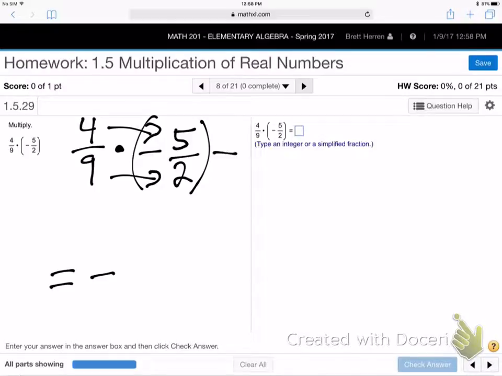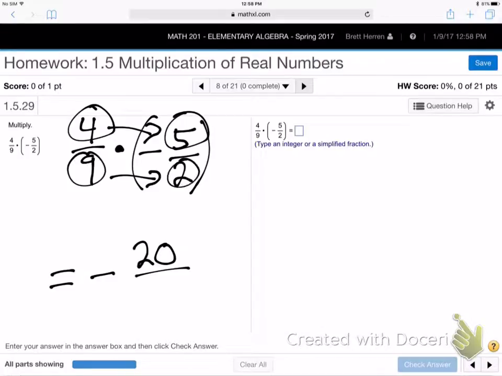So if I go, let me bring it down. If I go straight, 4 times 5, 20 on the top, and then 9 times 2, denominator times denominator, 18 on the bottom. But then you see I've got to reduce that fraction, huh? I can't leave it that way. That can't be my final answer. Whenever you can divide something out of the top and the bottom of the fraction, you must do it, right?